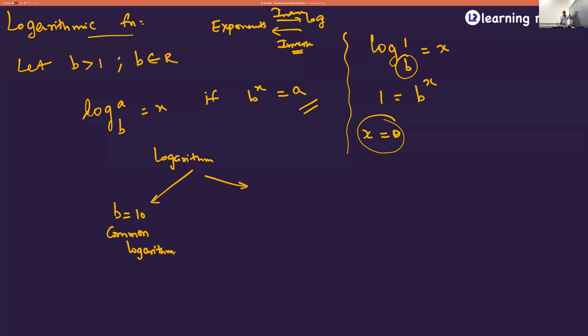Whereas if the base B is equal to E, you call it natural logarithm. When you write log of 2, it means log 2 base 10. Whereas if they give ln of 2, it means log 2 base E.